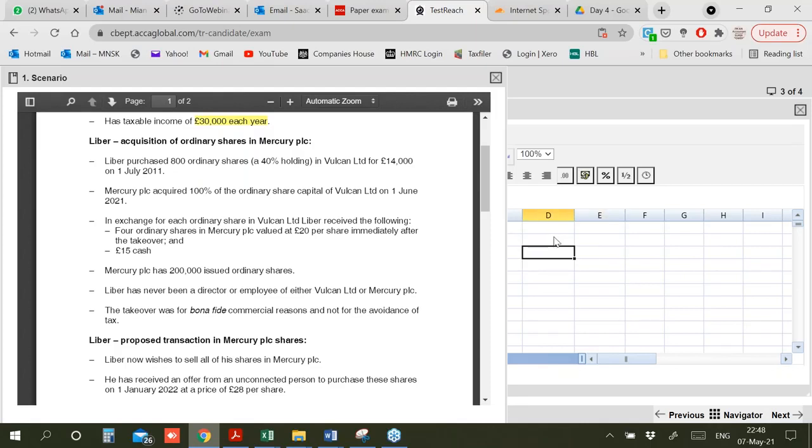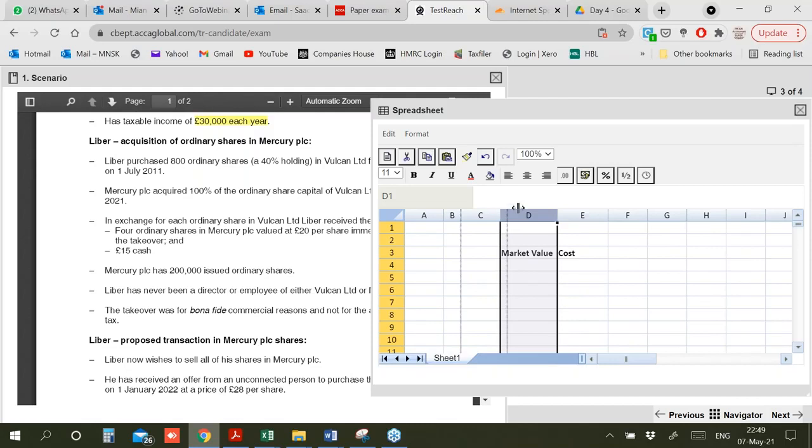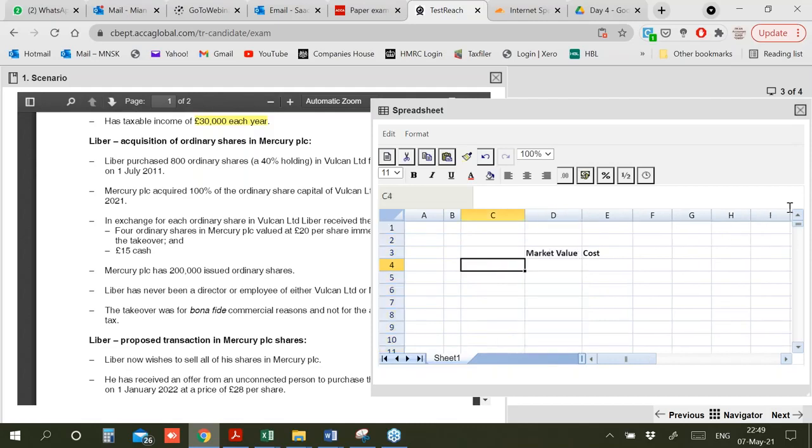One is market value and one column will be cost. Now we have to calculate the cost of shares and the cash.